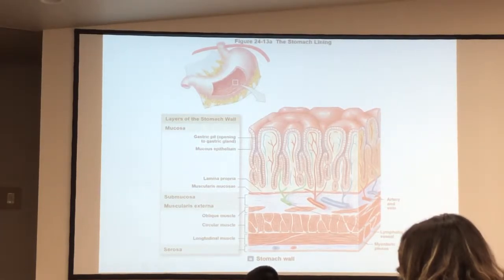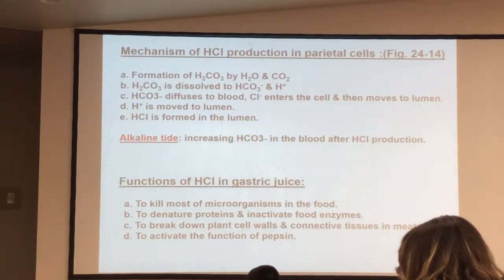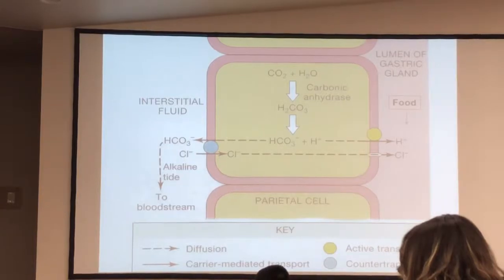And the surface food is very acidic, so they need coating with mucus there. HCl is very important to digest the food. And how is it formed? Actually it comes from water and CO2. Better look at this one.